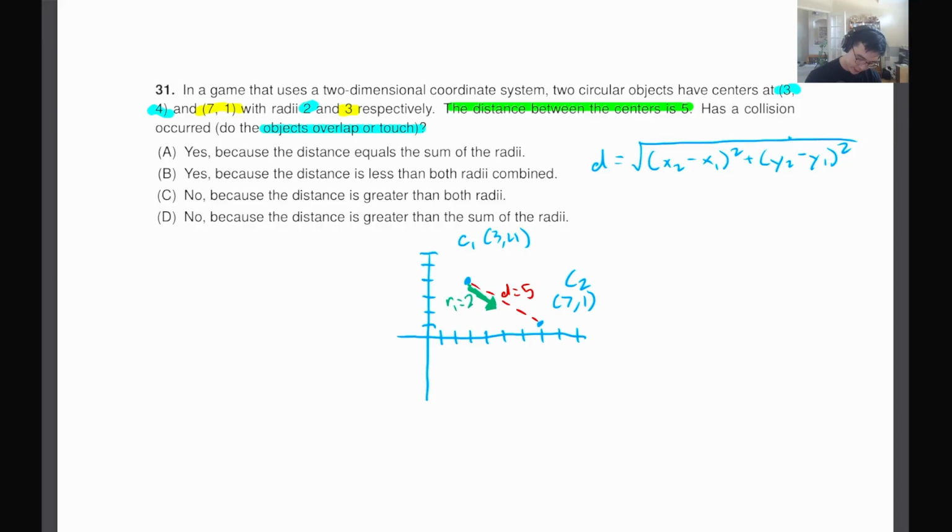R1 is 2, and I know R2 is 3. I drew them as arrows or rays, to be more precise, to reflect that this is a radius, and it can go all the way around the circle.